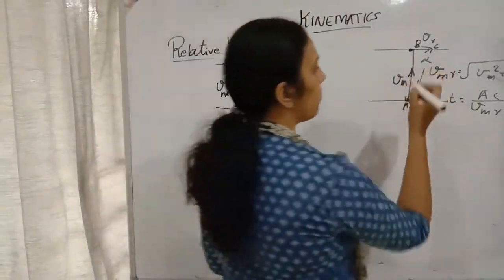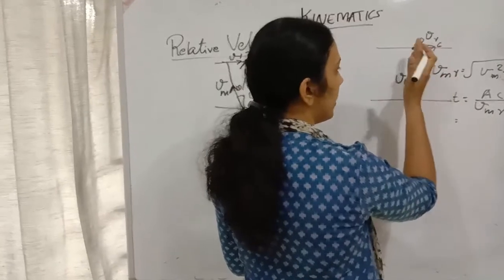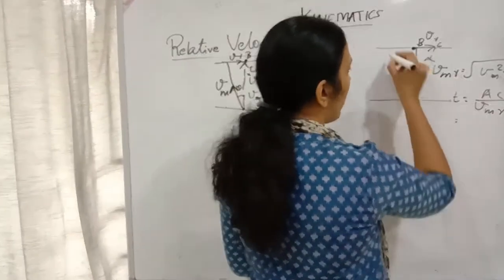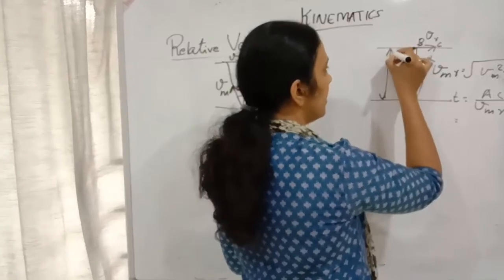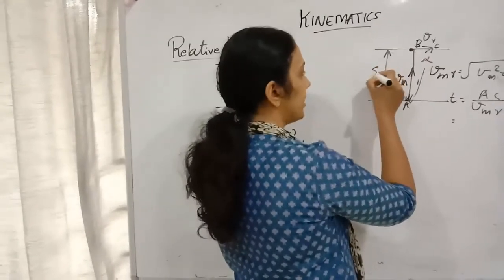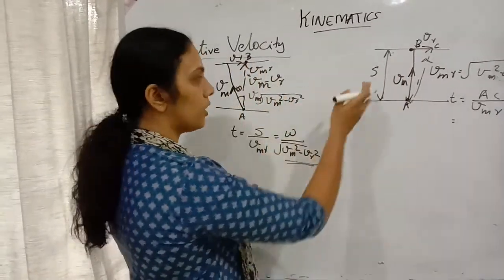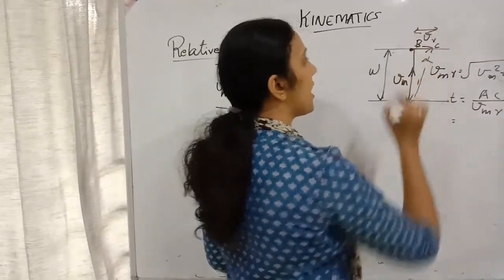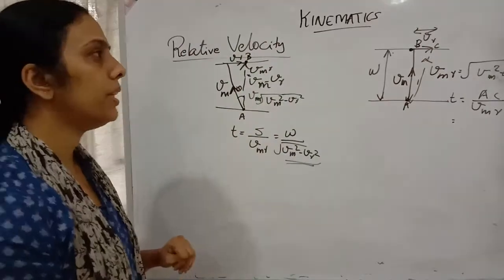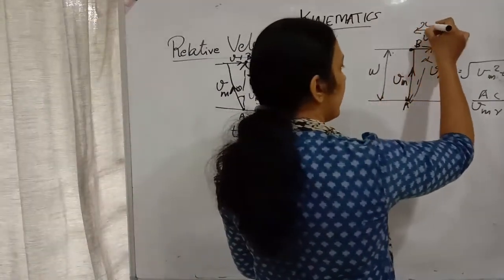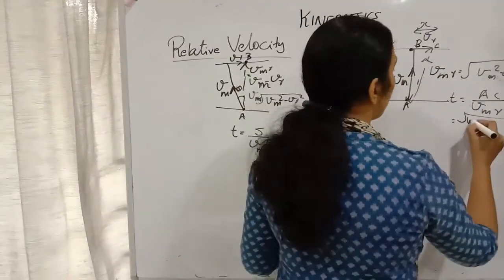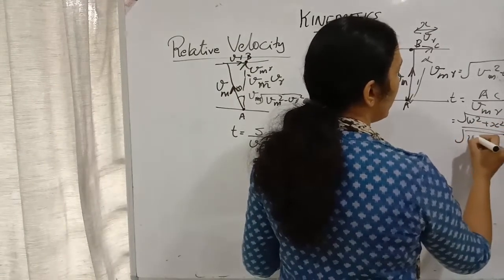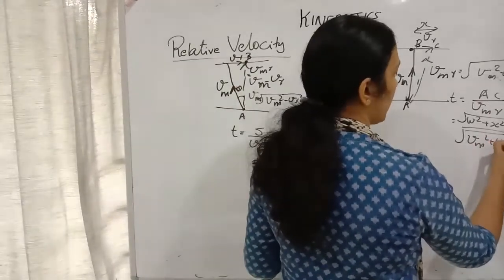What is the value of AC here? If the width of the river is w, and the drift which has happened due to the river current is x, then AC is root of w square plus x square, divided by root of Vm square plus Vr square.